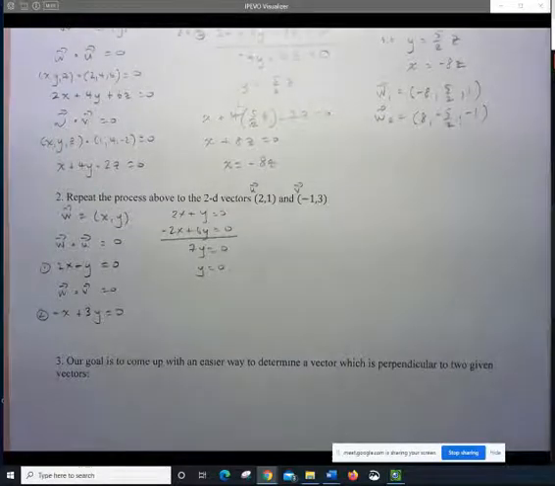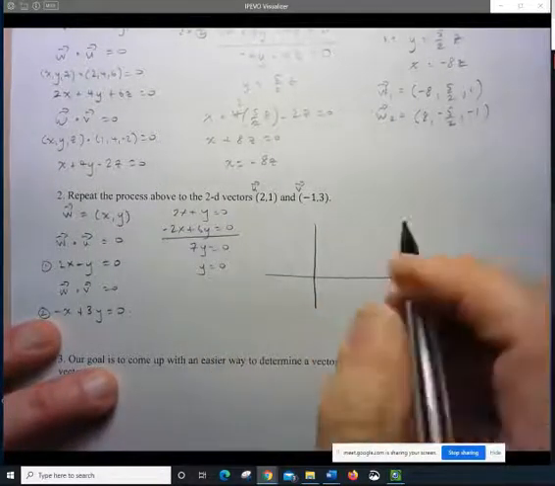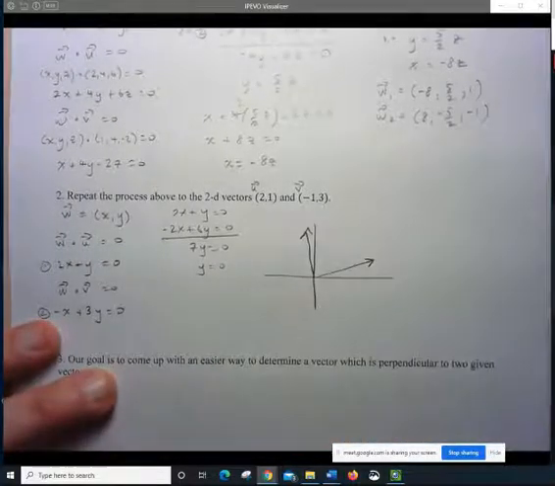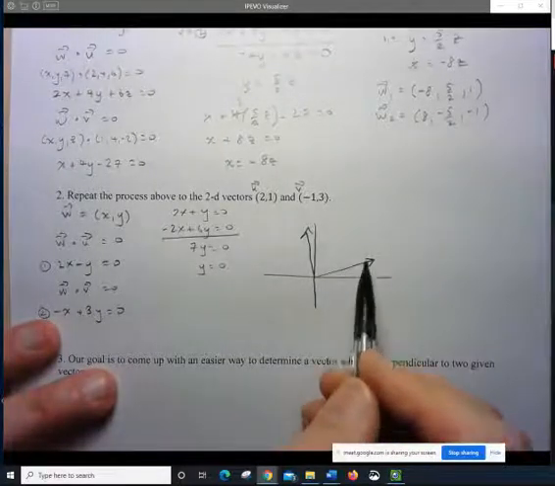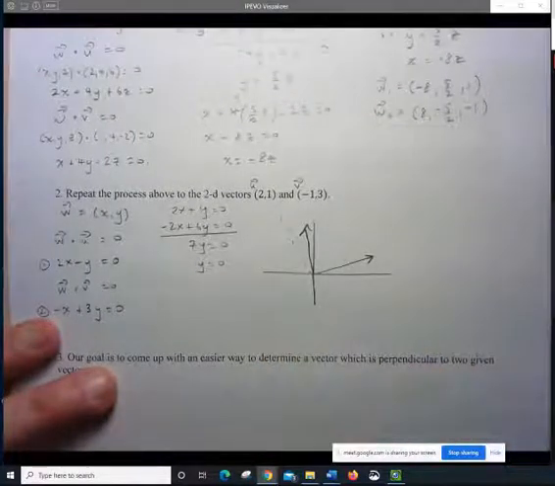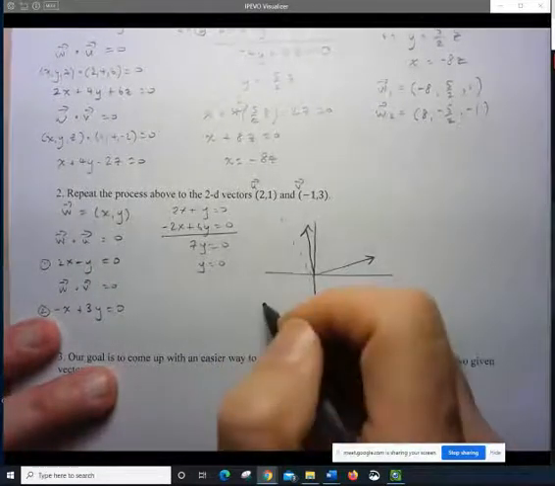But what I want you to do, though, is think geometrically. Say I've got my Cartesian plane, and let me pick two vectors, whatever they look like. Say these are my two vectors, u and v. Well, if I try to pick a vector that's perpendicular to this one here, can it possibly be perpendicular to the other vector? No. Pick any other two.